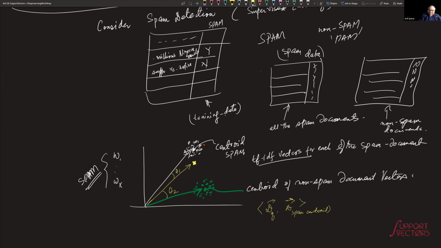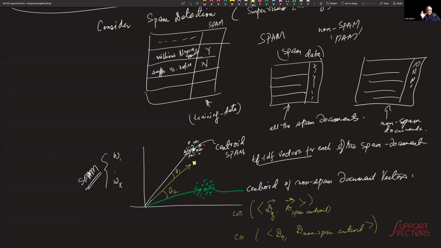And obviously cosine, just to keep the magnitudes there. And you can do a cosine of the query vector with the non-spam centroid. And whichever is higher, you can therefore classify it.